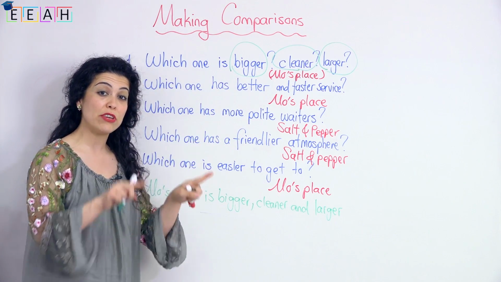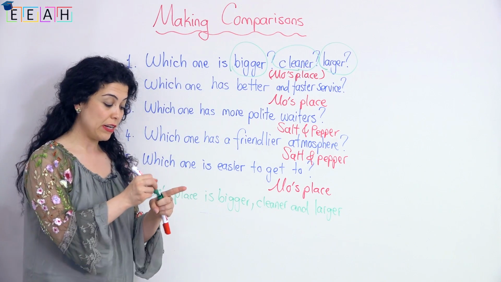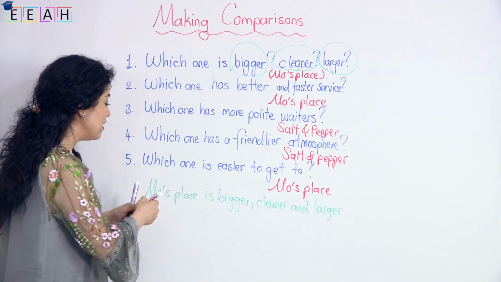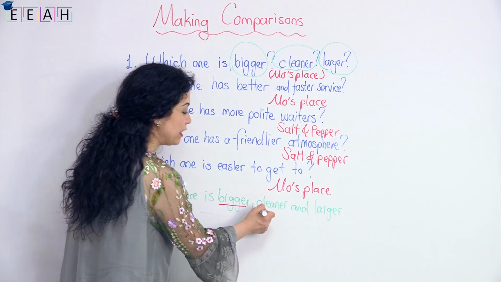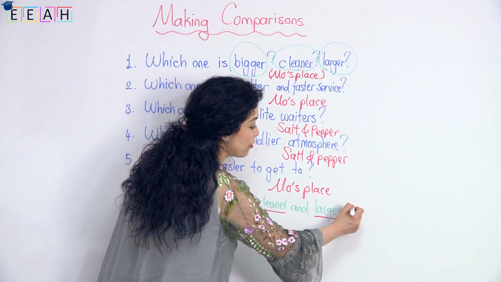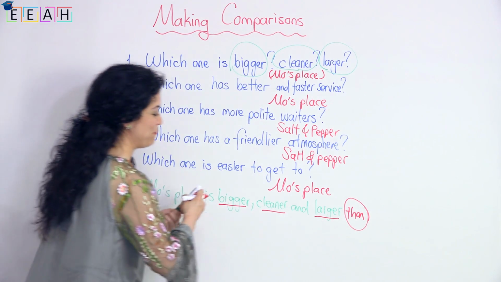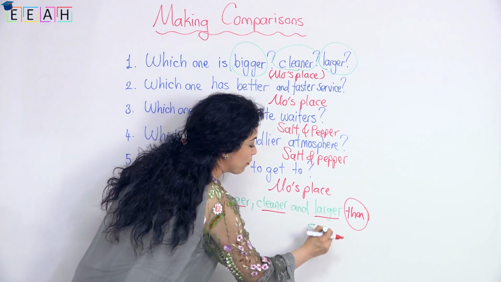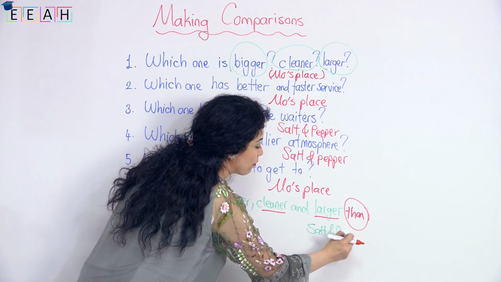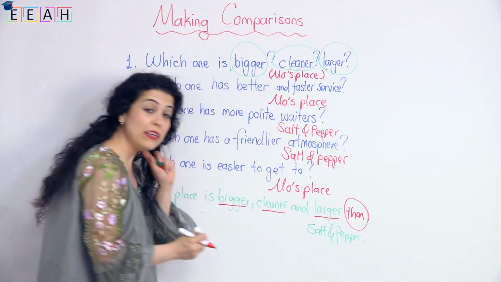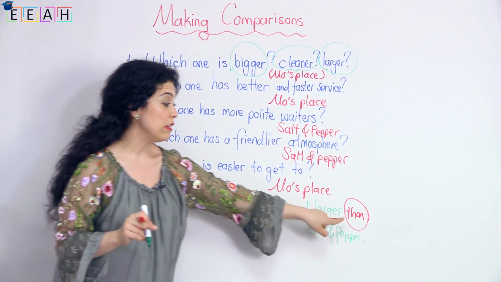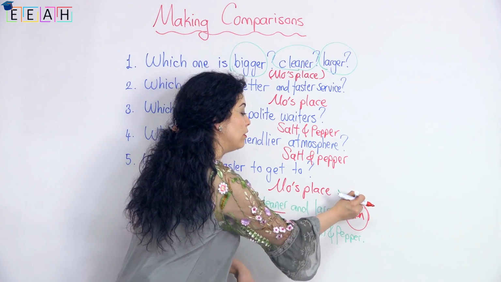Because I'm comparing it with Salt and Pepper, I need to say than. So Mo's Place is bigger, cleaner, larger than Salt and Pepper.